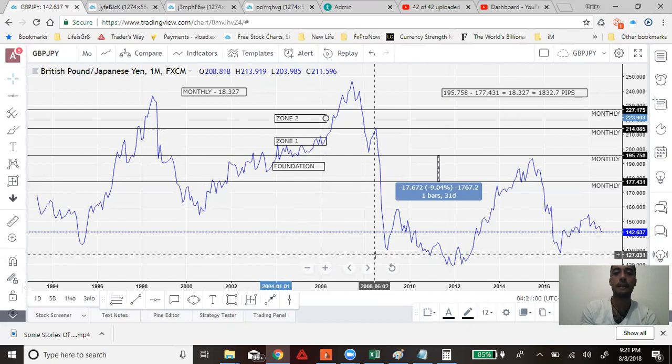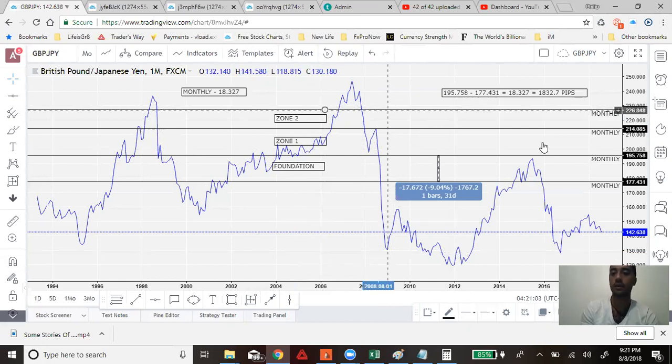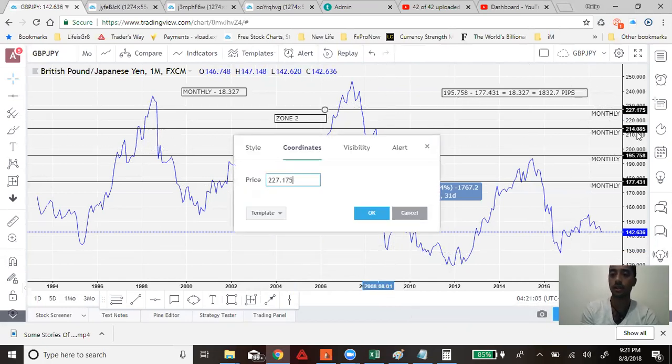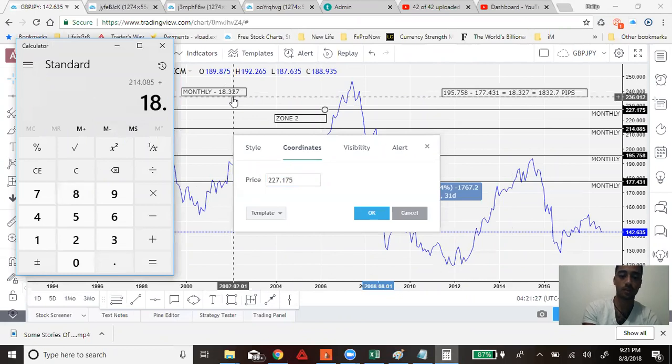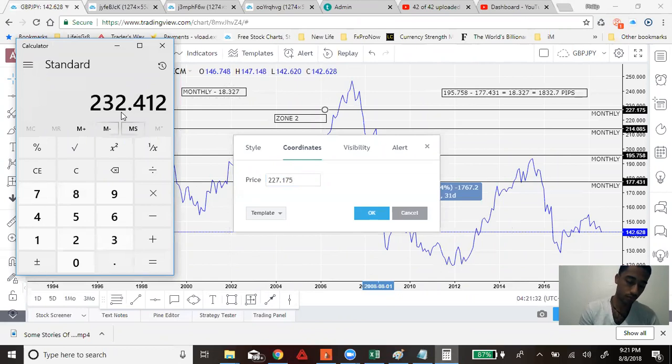Zone 2. Now what we're going to do is take that 214 right here and add our monthly that we came up with. Again, we take the 214 that we came up with plus this number right here, which equals 232.412.